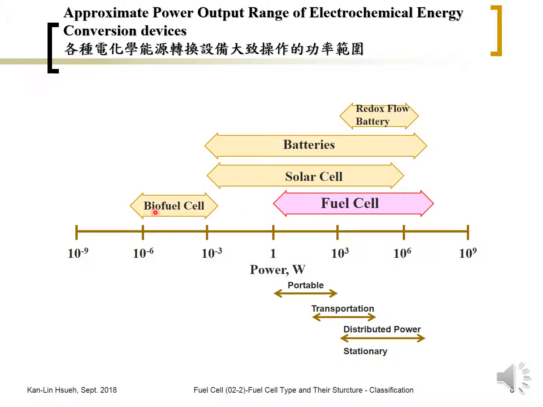For the biofuel cell, so far the power range is very low. It's more suitable for biosensors rather than power generation. But the long-term goal is for the biofuel cell to be incorporated with biomass, so you might think of it as third generation bioenergy.